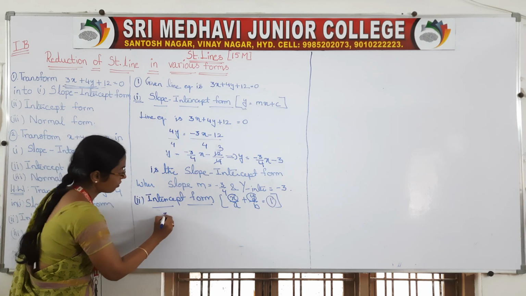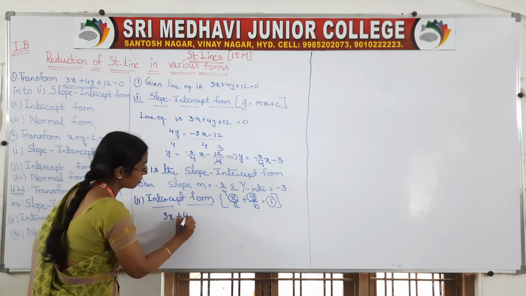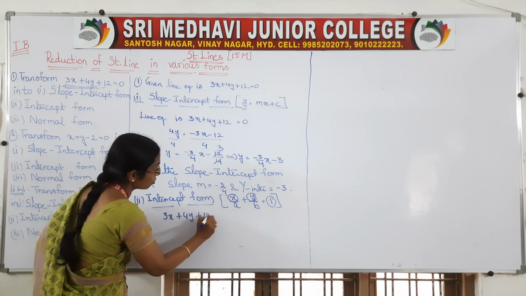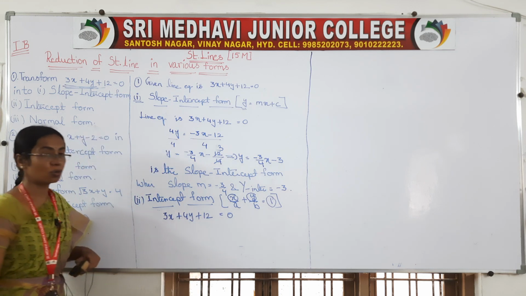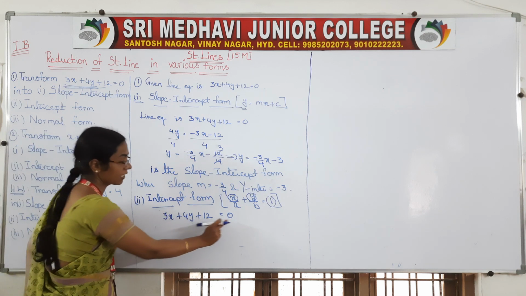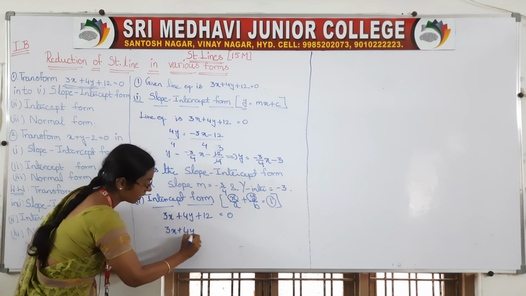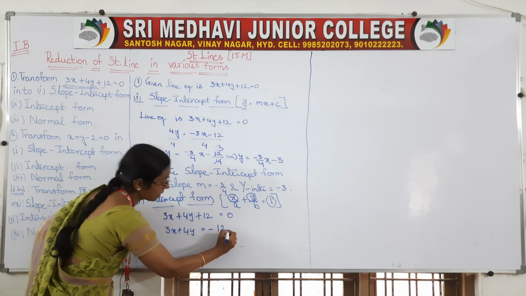Come on, first your line equation is 3x plus 4y plus 12 is equal to 0. Try to get 1 on the right side, which means send your constant to the other side: 3x plus 4y is equal to minus 12.